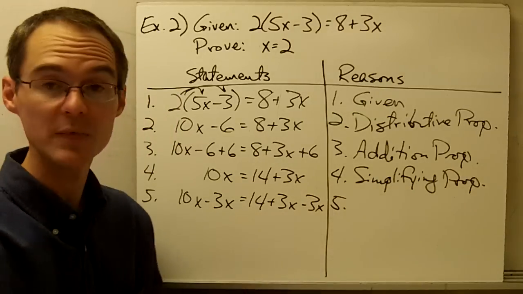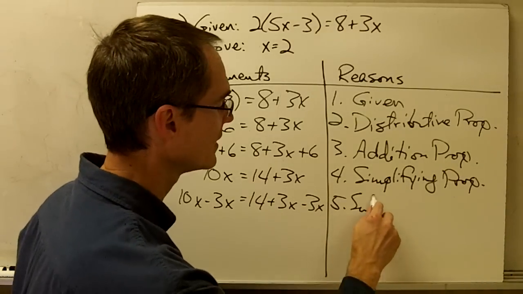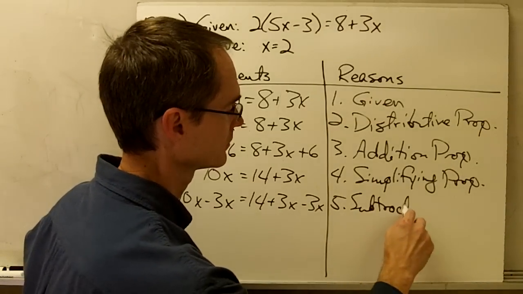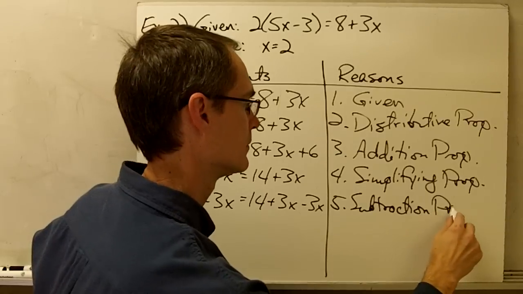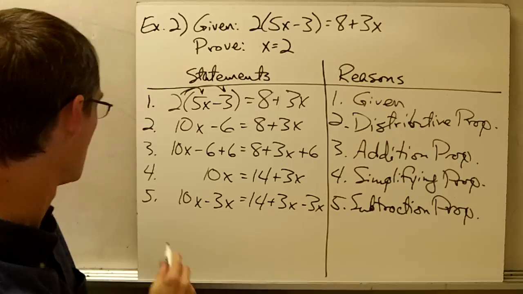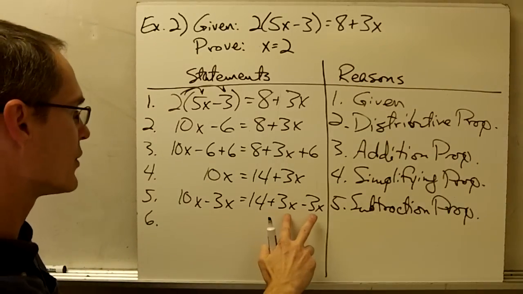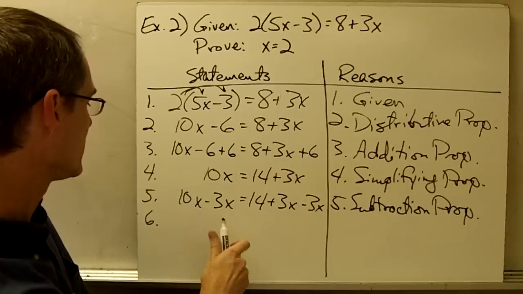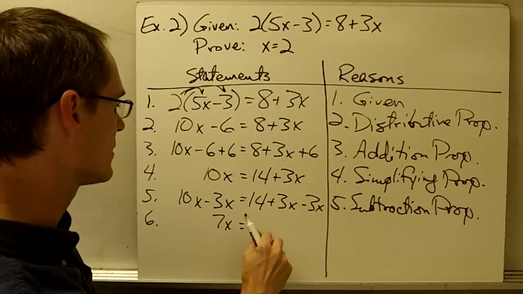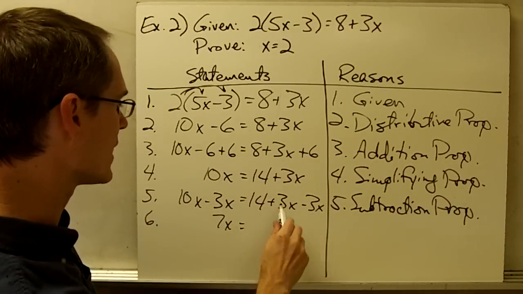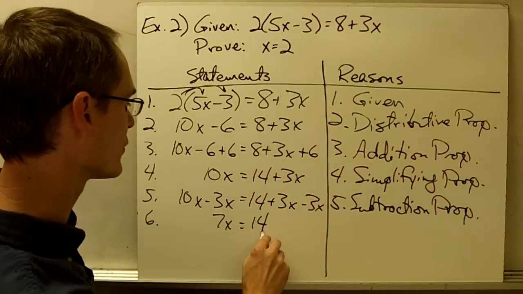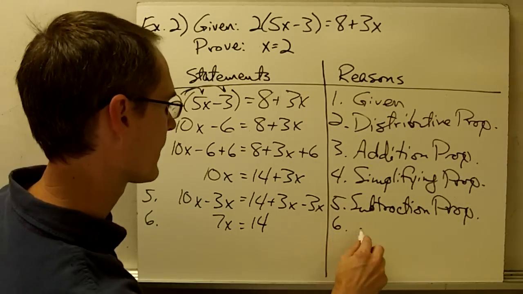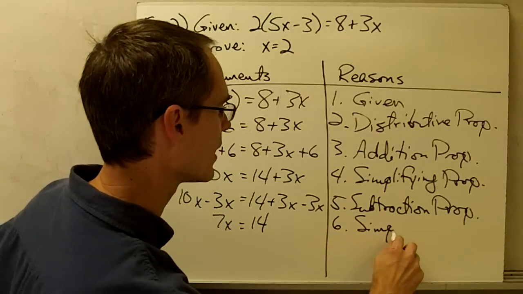Anytime I subtract the same thing from both sides of the equation, I'm using the subtraction property. And once again, I want to combine all my like terms, which means I'm going to simplify. 10x minus 3x is 7x. Positive 3x and negative 3x, that means my x's go away, so I'm left with 14 over here. And I've just used the simplifying property again.